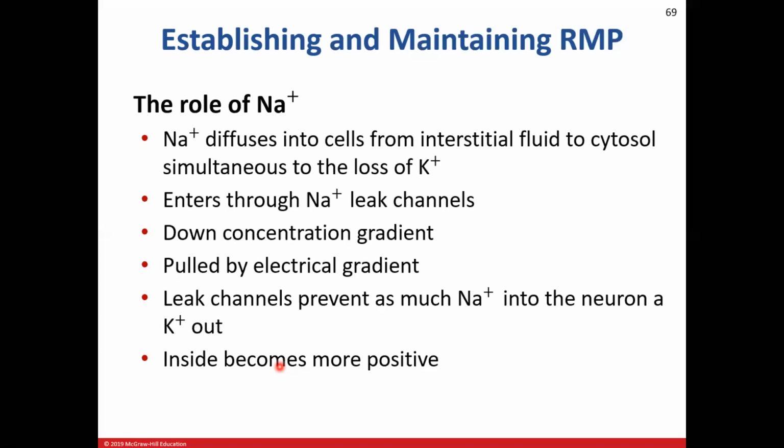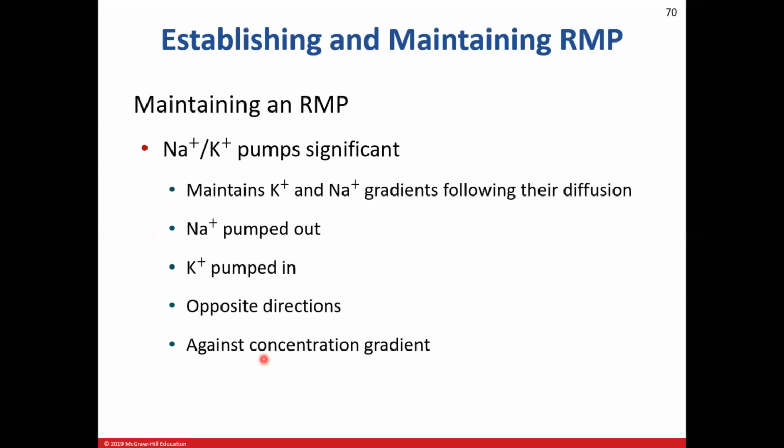And then it's pulled by the electrical gradient. Our leakage channels don't let as much sodium into the neuron as potassium out. This then leads to the inside becoming a little bit more positive. So now we're starting to make a little bit of a shift with that resting membrane potential.